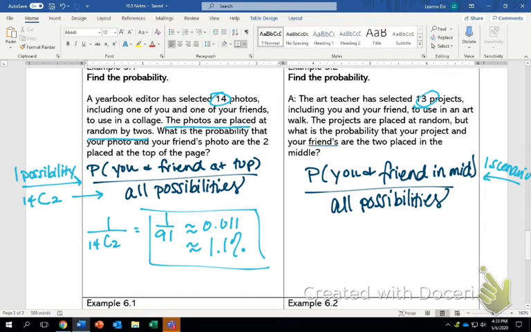So 13 minus 2 is going to be 11. So this denominator is slightly different than the other example. It'll be 13C11. All right, so our probability will be 1 over 13C11, which is 1 over 78. And this is approximately 0.013 or 1.3%.